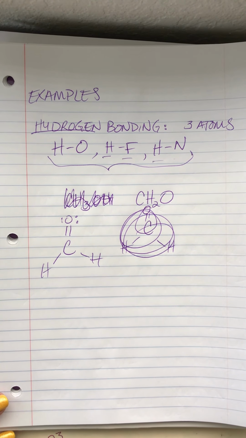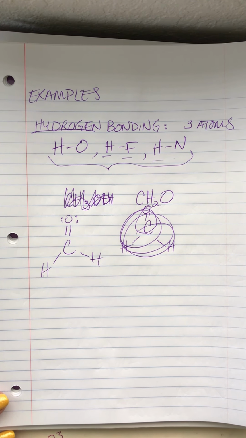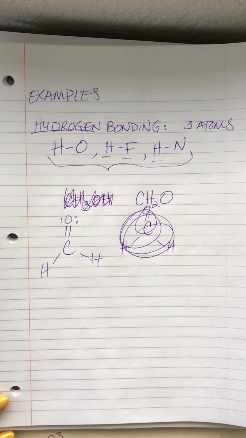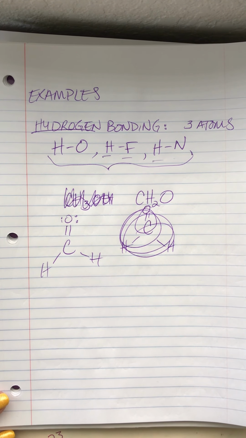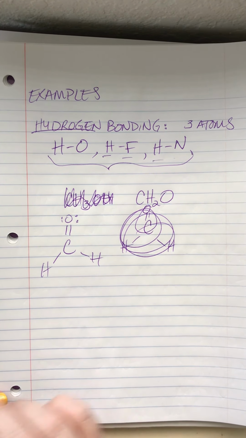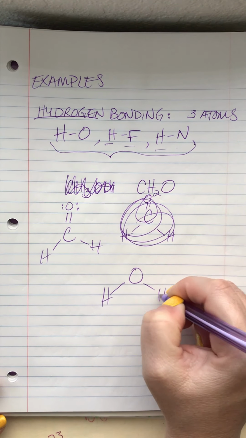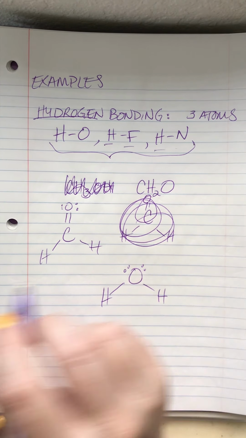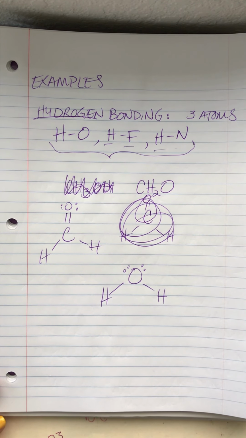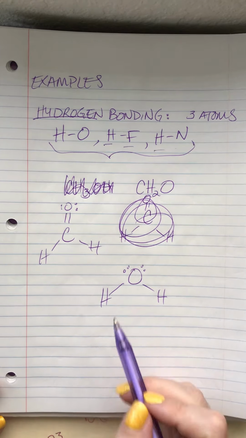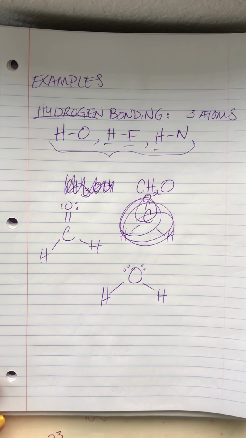So when you draw this molecule out, are there any oxygen-hydrogen bonds there? No. So it's not just about having hydrogen, oxygen, or nitrogen in a molecule. The oxygen and the hydrogen have to be bonded together. So an example where you have that happening, as Steph said, I think, is water. Water has oxygen directly bonded to hydrogen.